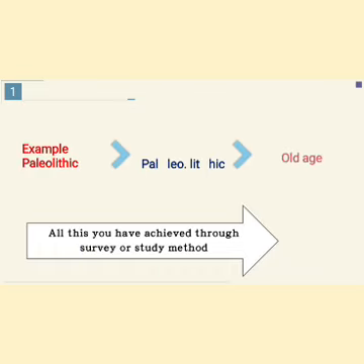Where I wrote the example in red, I wrote Paleolithic. And then I split the word: PAL, pale; LEO, leo; LIT, lit; HIC, hick. The meaning is old age. You're learning the vocabulary, you're learning how to read, and you're learning how to spell.